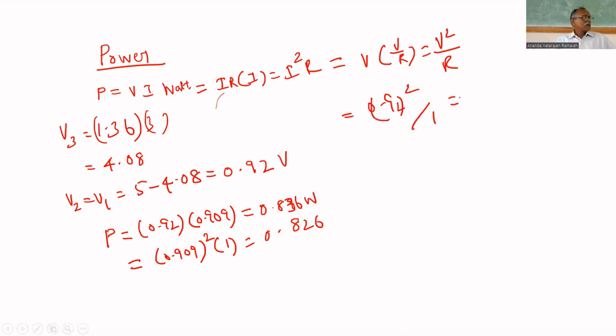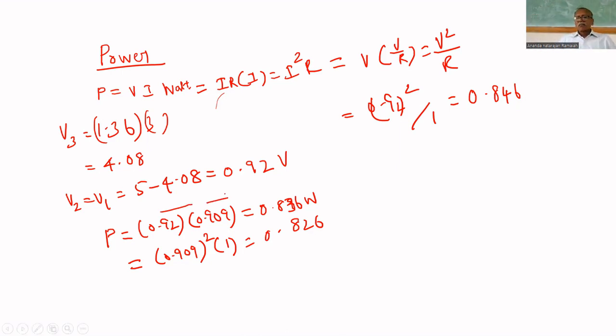How much? 0.846. Because we are truncating the higher decimal places, that's why you are getting like this. But anyhow, 0.8 you will get. If you write 4 or 5 decimal places, you will get all equal values.